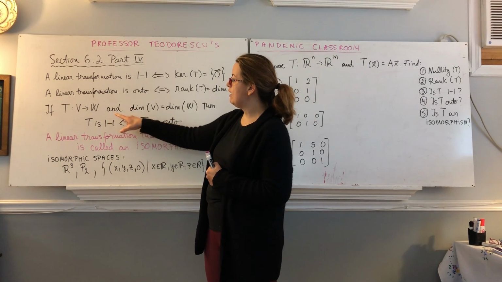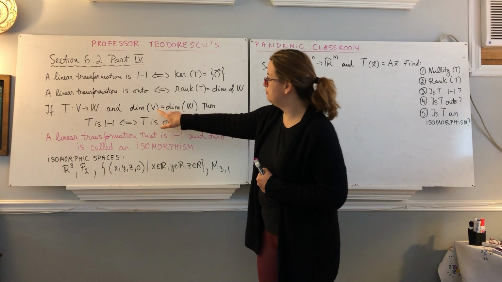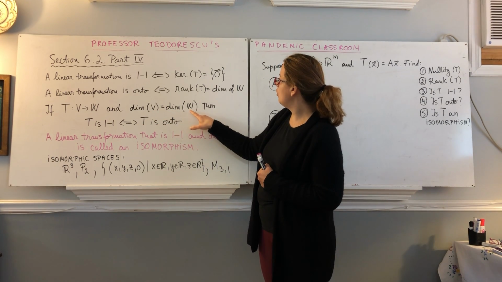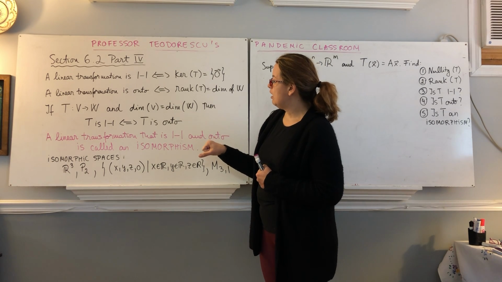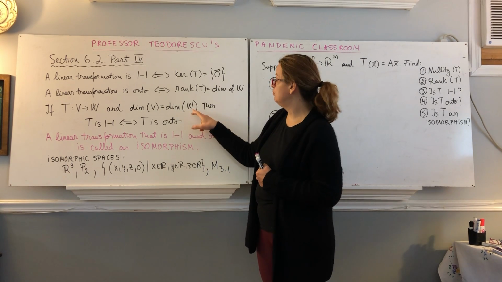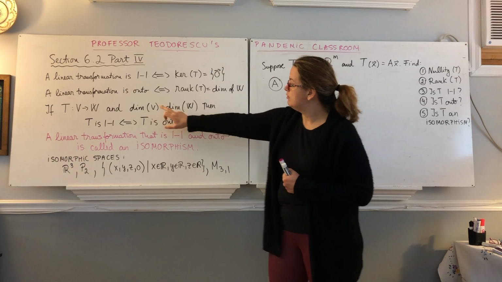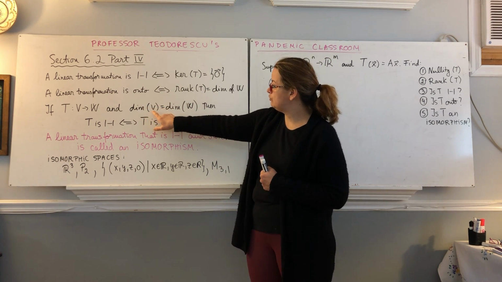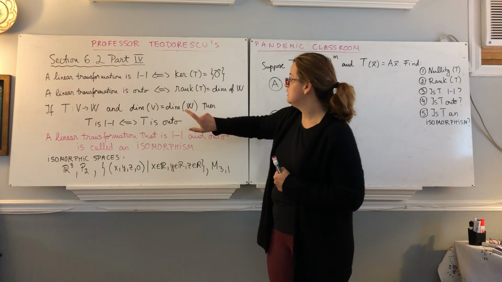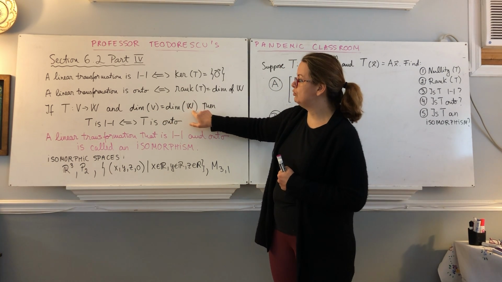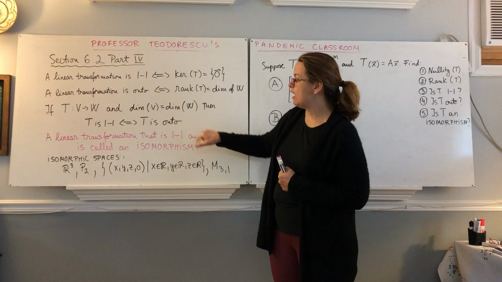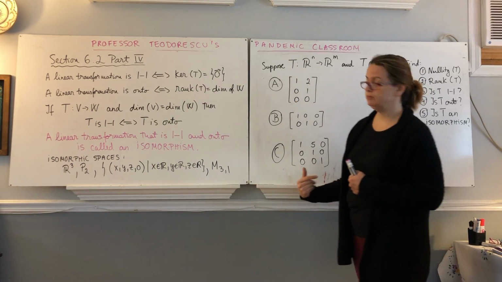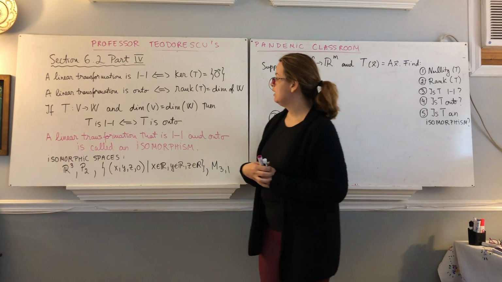If you have a linear transformation in which the dimension of the domain and the dimension of the codomain are the same, where W is the codomain and V is the domain, that would be a square matrix, a 3 by 3 matrix, a 2 by 2 matrix, a 4 by 4 matrix.